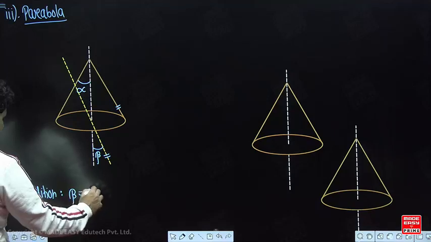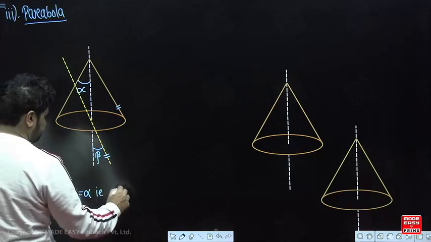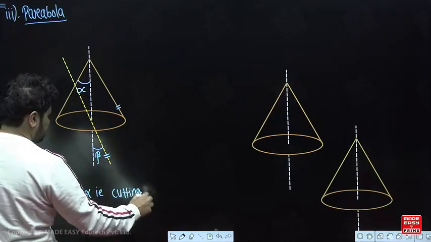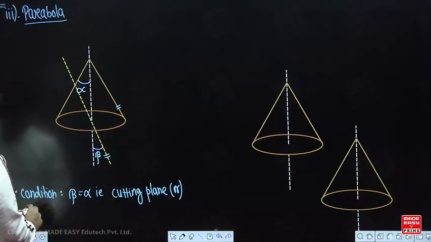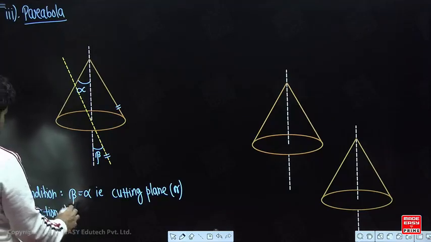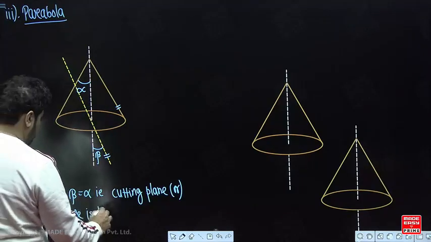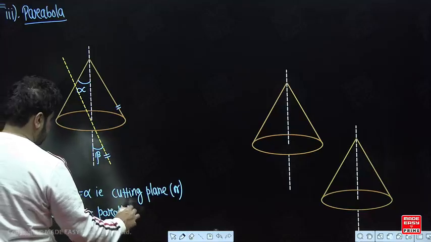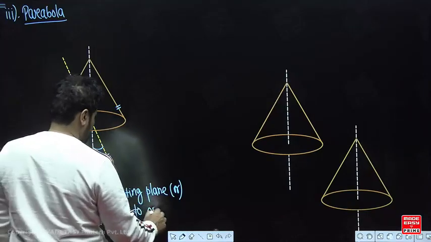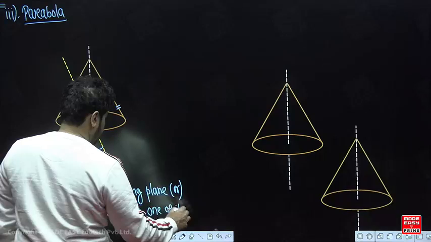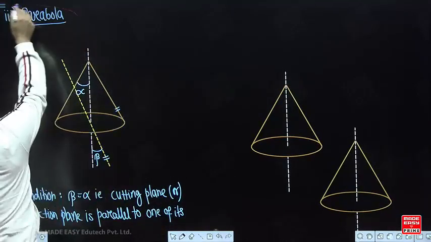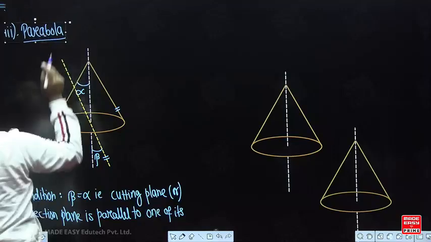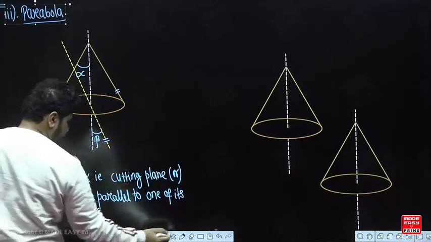Beta is equal to alpha, that is, the cutting plane or section plane is parallel to one of its end generators.